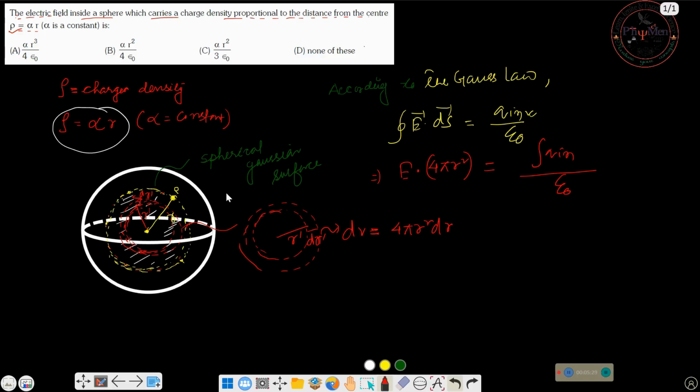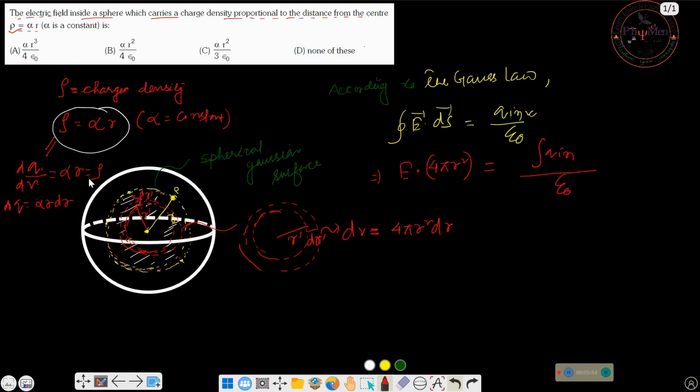Now this charge density rho is the volume charge density. That means total charge divided by volume is alpha r, so dq by dv is equal to alpha r.